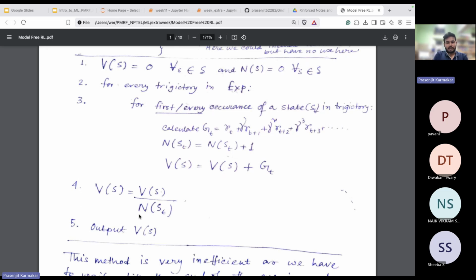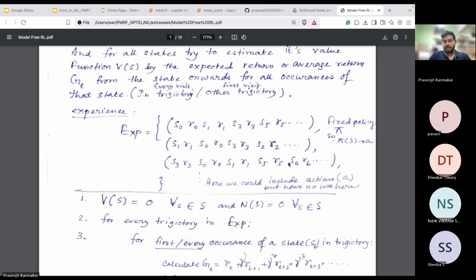So for every state, what is the return you get? And then at the end, you divide it by the number of times you visited that state, right? So basically you are computing the average return from that state, which is the value function. You get the algorithm, right? It's very simple.